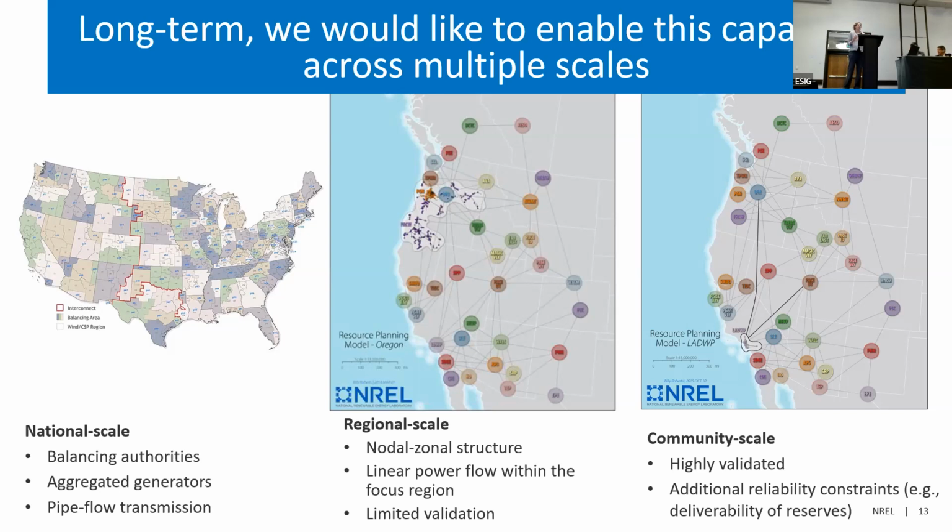The standard scenarios are a national scale product. I'm going to talk about LA100 in a little more detail in a bit, and that was a community scale analysis. I think at NREL, we would really like to be able to do this kind of grid planning work across all three of the scales shown here: national, regional, and community. But we've talked already a lot about how hard it is to keep all the data straight and to get all the tools working together.